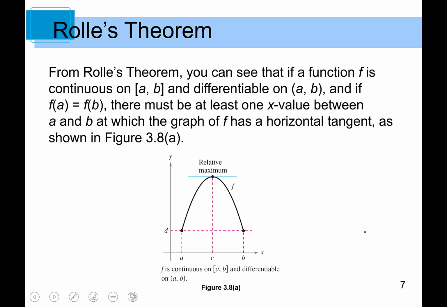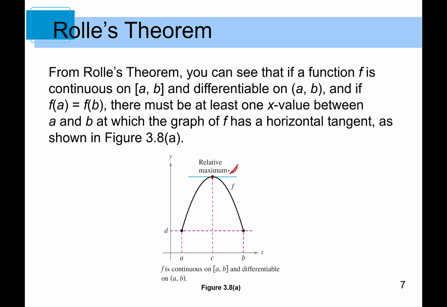Okay. So from Rolle's theorem, you can see that if a function f is continuous on the closed interval [a, b], differentiable on the open interval (a, b), and if f(a) equals f(b), there must be at least one x value between a and b at which the graph of f has a horizontal tangent right here.